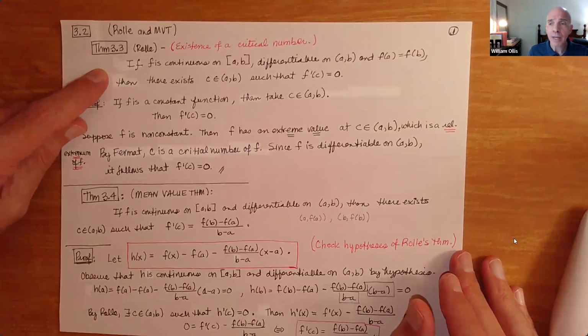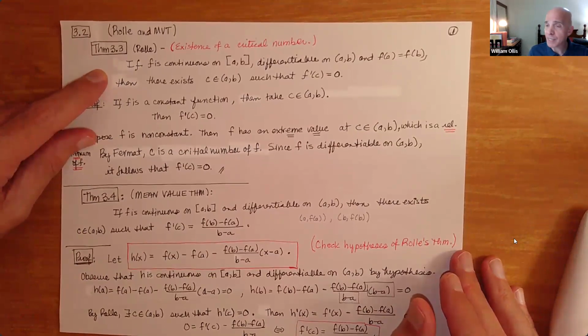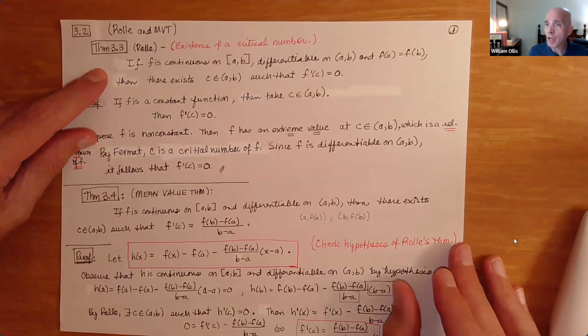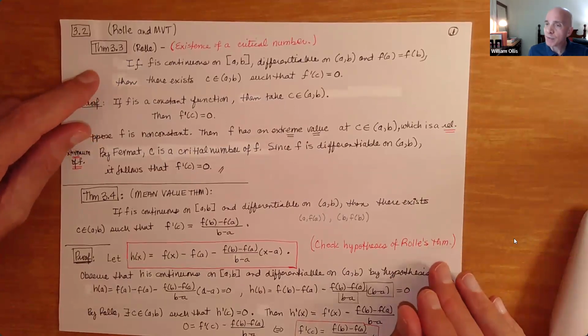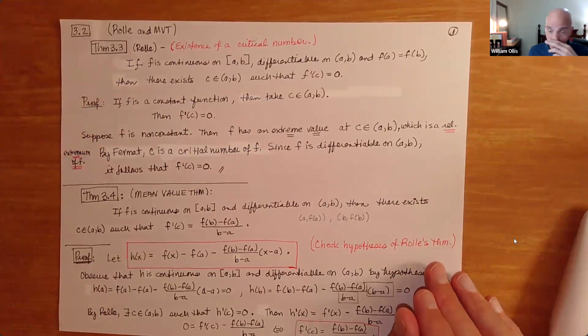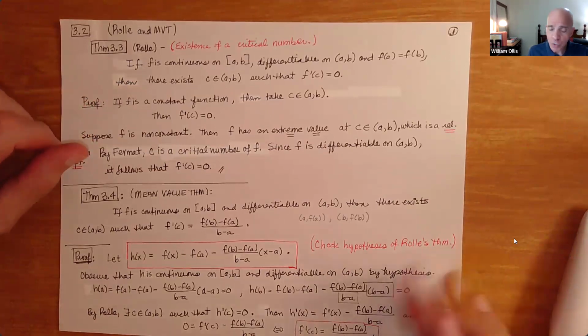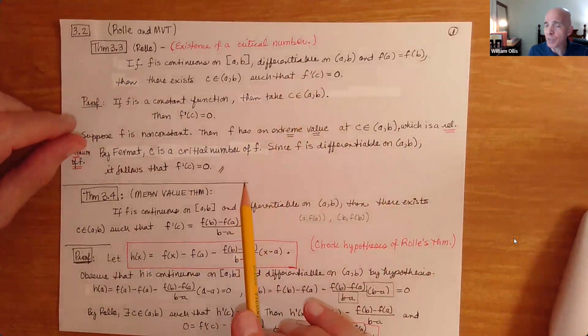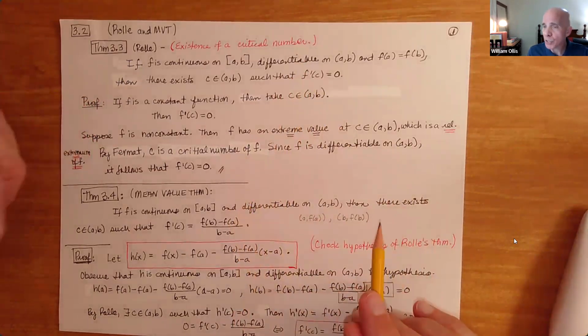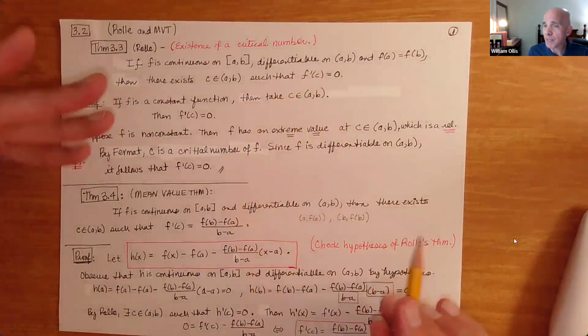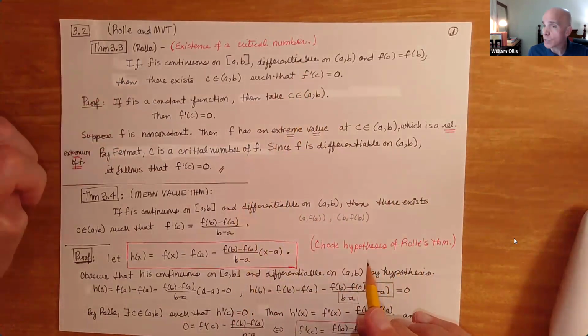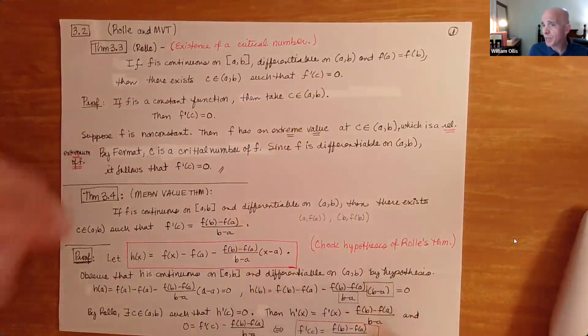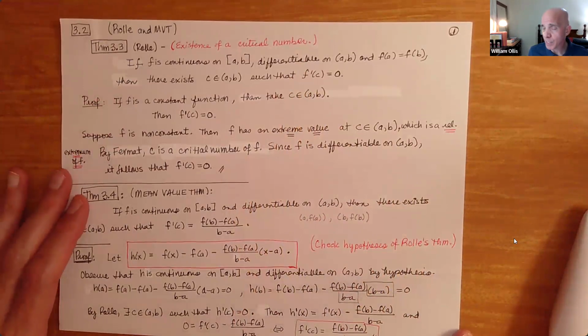Again, remember, a critical number of f is simply an element in the domain for which the derivative is 0, a horizontal tangent, or the derivative at c is undefined. And since we have the hypothesis of differentiability, the second portion of the definition of a critical number does not apply. So we get the horizontal tangents for free, so to speak.